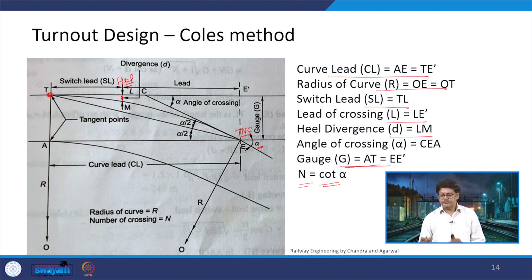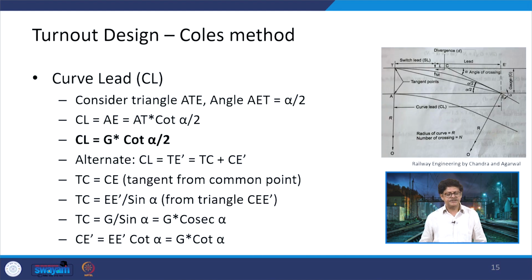So, now once we have identified the various distances which need to be considered so as to compute the components of this turnout, let us move forward and see how this can be done. Let us start with the curve lead CL. The curve lead CL, which is this total one, is AE or TE dash, which we have already identified.